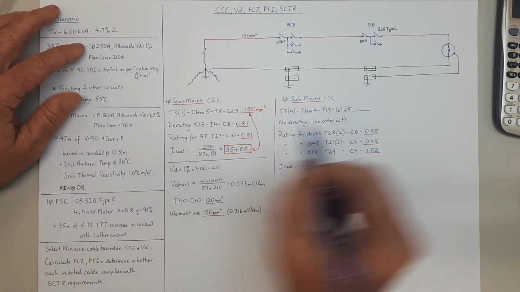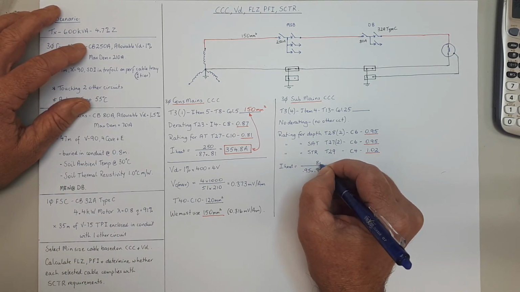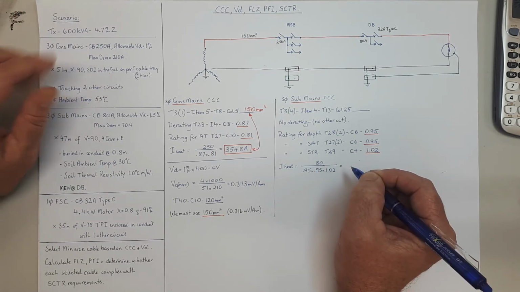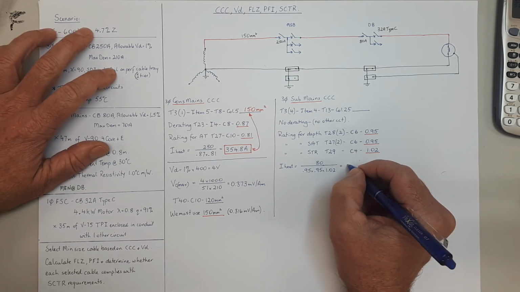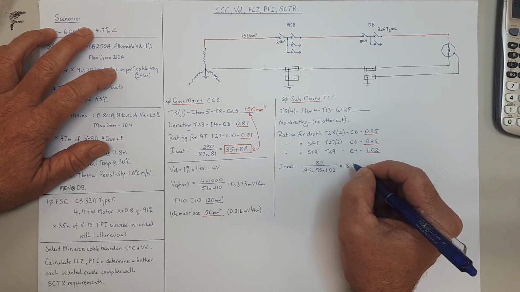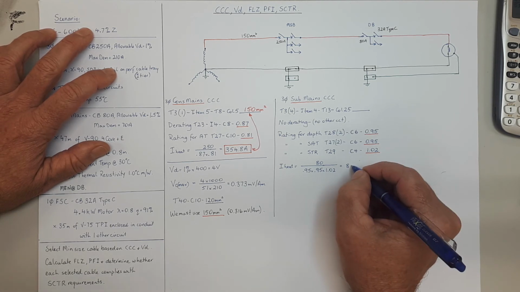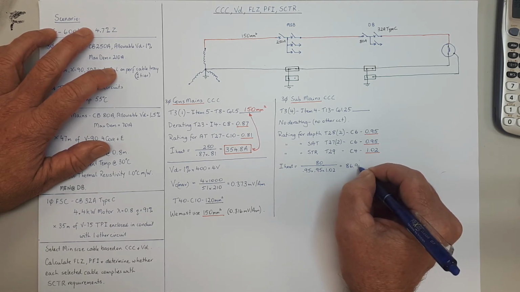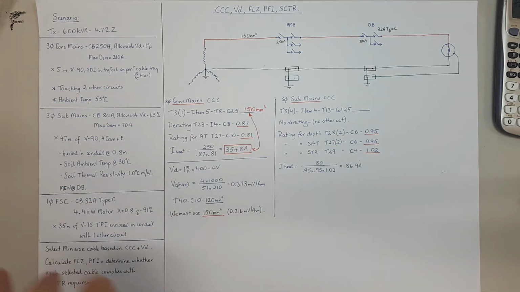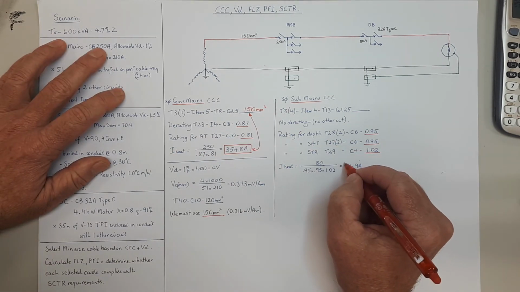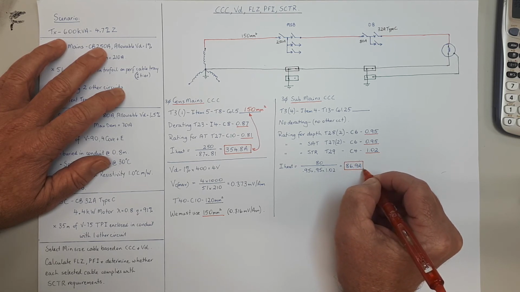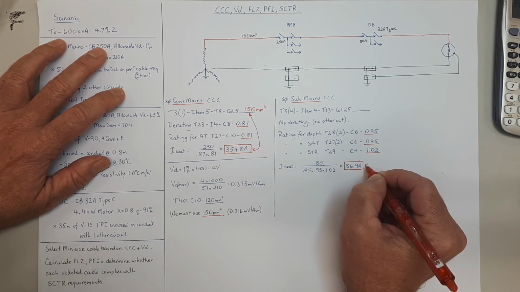Pretty sure, yep, circuit breaker is 80. So if we bang that in the calculator, we'll get something a bit above 80, I'm sure. 86.9 amps. So that goes into our table up here.